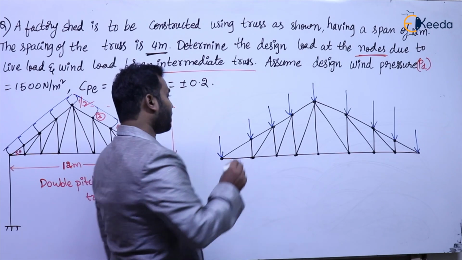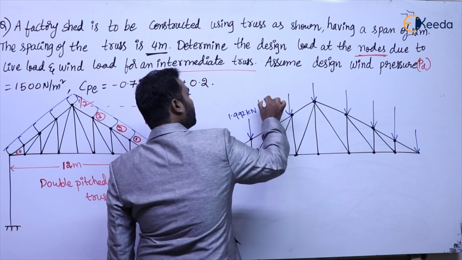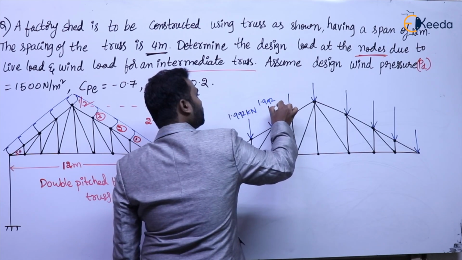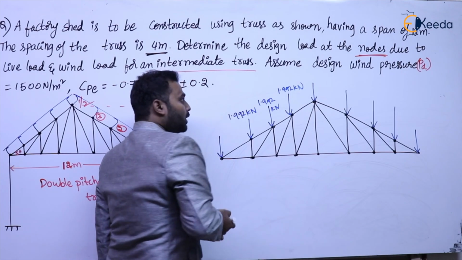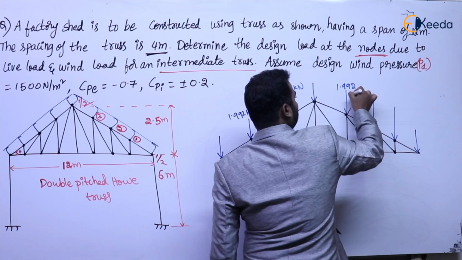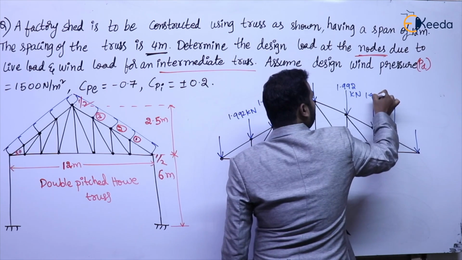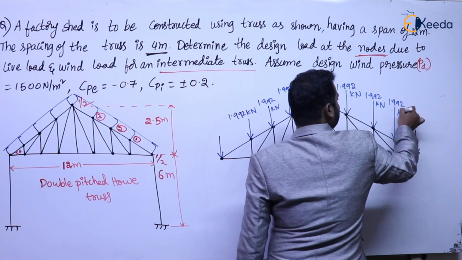That is 1.992 kilonewton. Here also 1.992 kilonewton, and here too, 1.992 kilonewton. Is that clear?